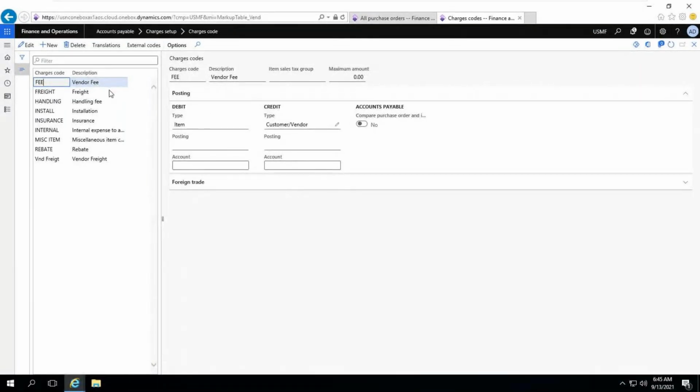If it is freight, I will take this one, vendor freight. Here, item debit, and instead of vendor I have selected credit ledger account, because this is a third party vendor. Understood? Here I am directly paying the fee to the material vendor.